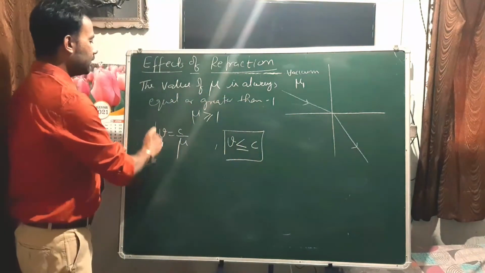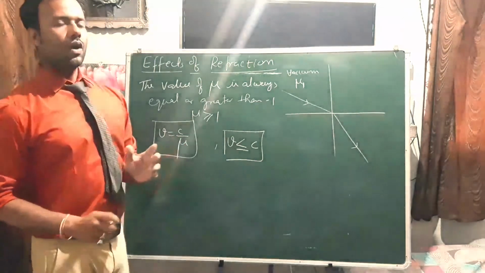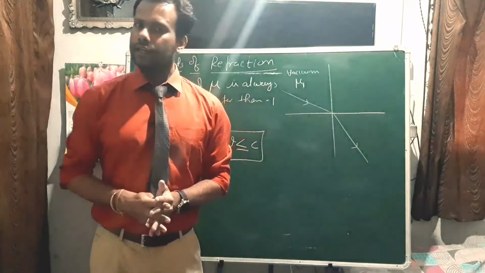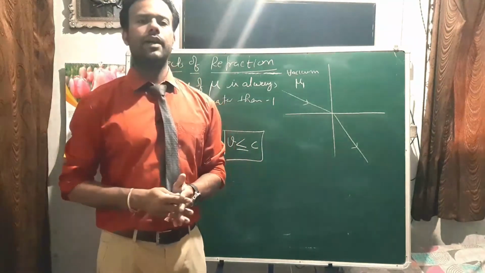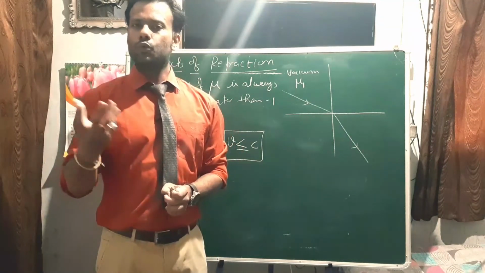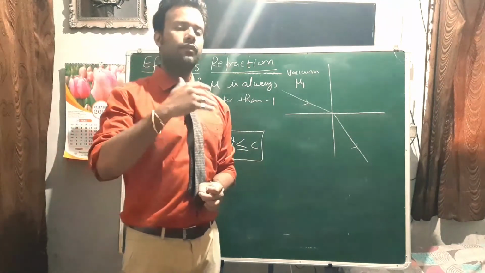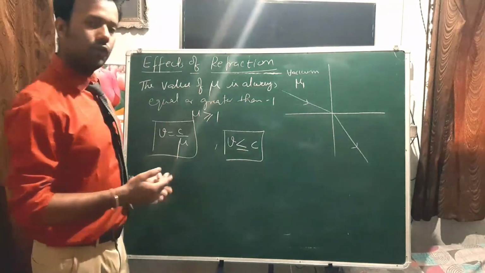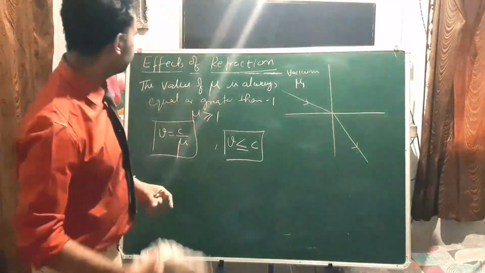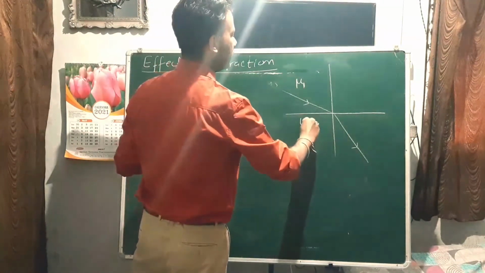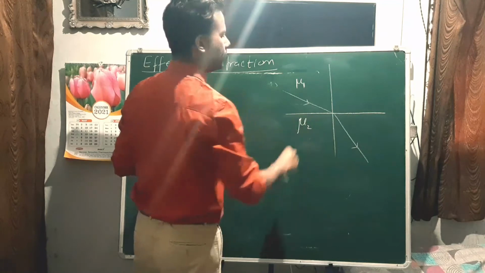This result I have taken when one medium is vacuum or air and the other medium is any material medium. What if we take two material media, like light coming from water to glass? Then what will be the equation? Write this. Let's say this is medium 1 with mu1, and this is medium 2 with mu2.